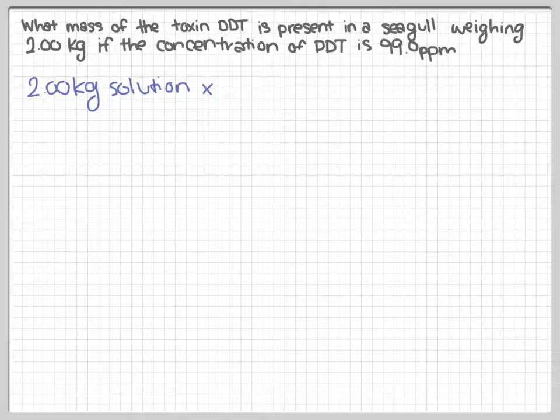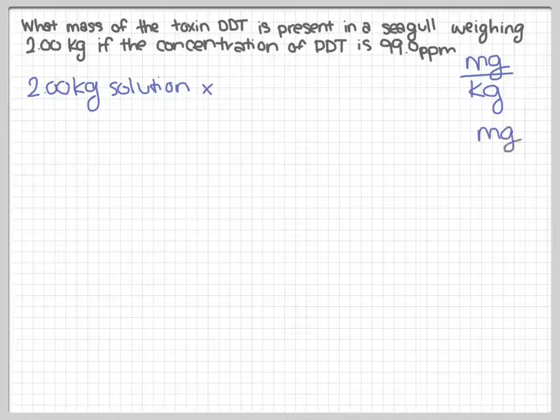And remember that ppm, parts per million, is a little bit different. We could have a million masses in our denominator, but instead we chose to represent parts per million as milligrams per kilogram, or milligrams per liter, whichever one was going to serve us better.